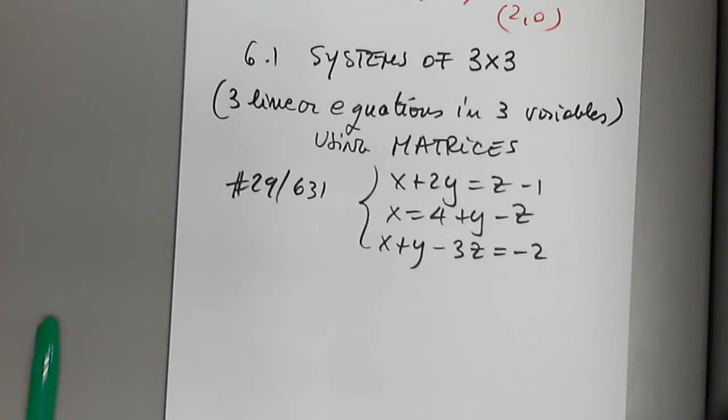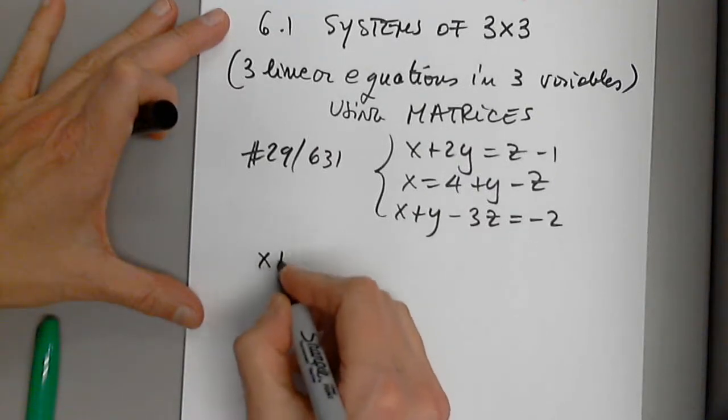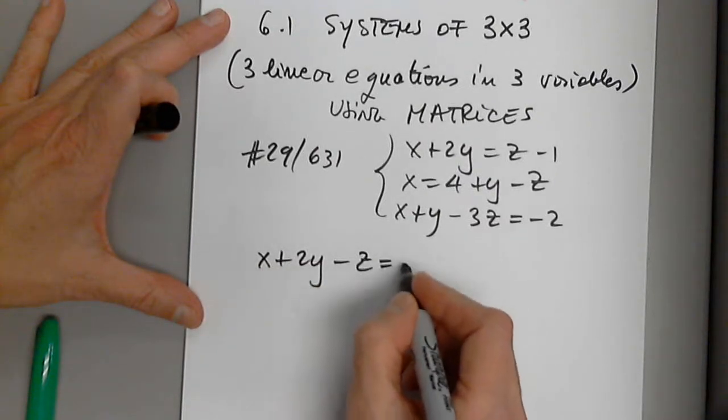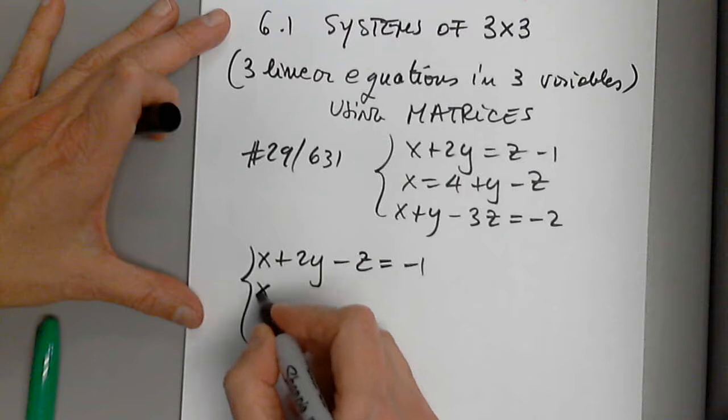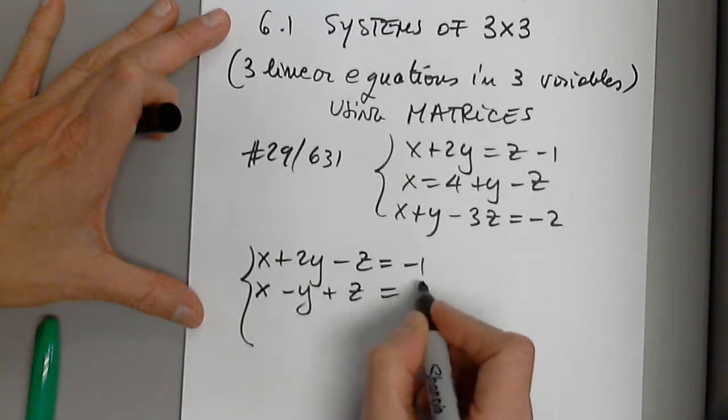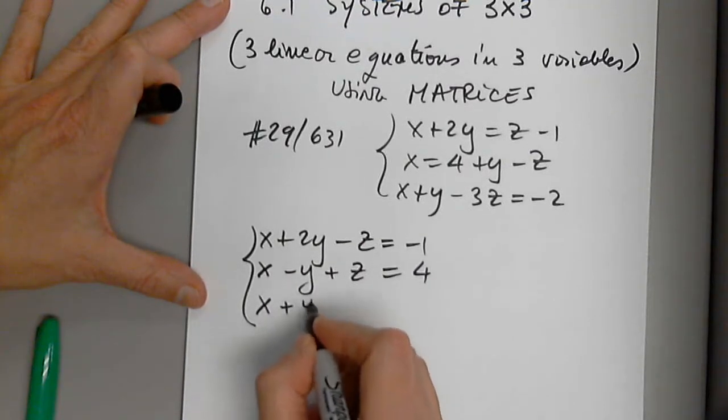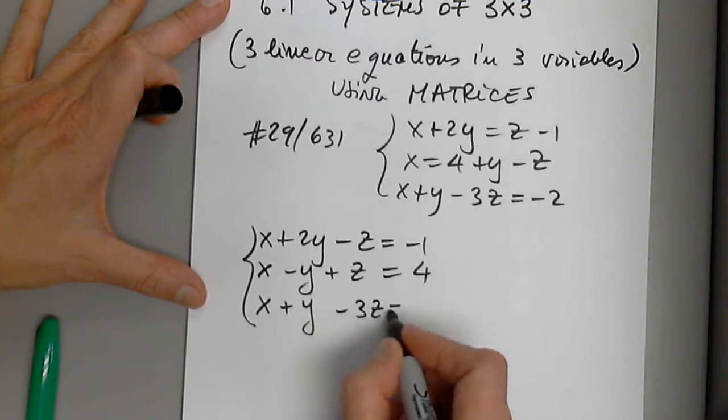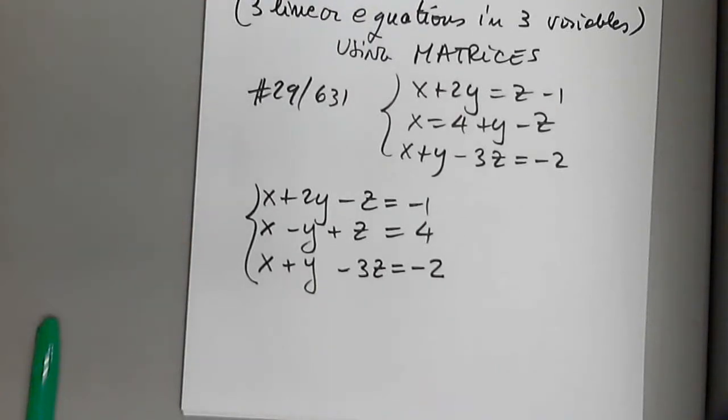All terms with z, one below the other. The equal symbol below the equal symbol, and the free term below the free term. So I will rearrange, writing x plus 2y minus z equals negative 1. x minus y plus z equals 4. And x plus y minus 3z equals negative 2. So this is the first condition. We cannot use this method of matrices if the system is not presented in the correct order.